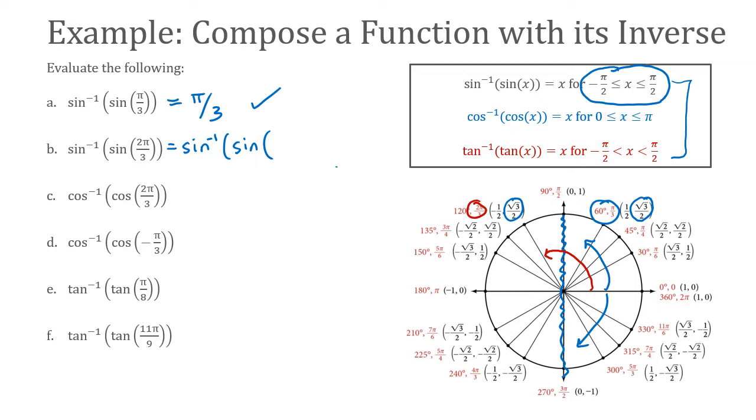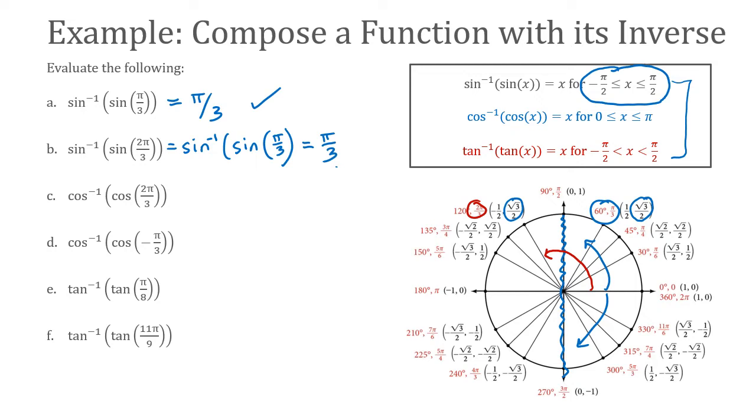And pi over 3 is within our border. So I'm going to say that inverse sine of the sine of 2 pi over 3 is equal to inverse sine of the sine of 1 pi over 3. And now that that 1 pi over 3 is within that border, I can say that it equals pi over 3.